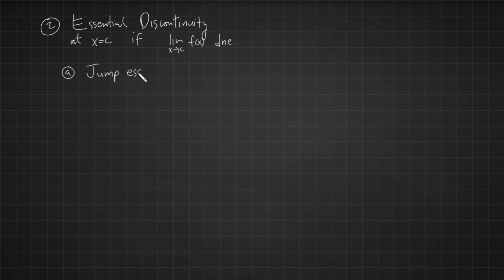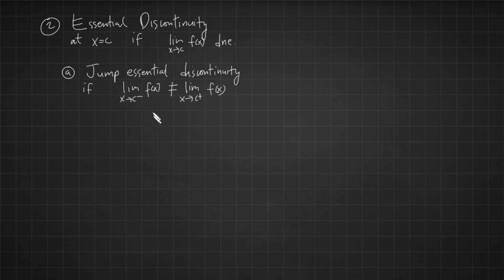Or jump essential discontinuity if yung limit from the left is not equal to the limit from the right. But both of these exist, okay? So they are both equal to some constants, pero hindi nga lang equal.